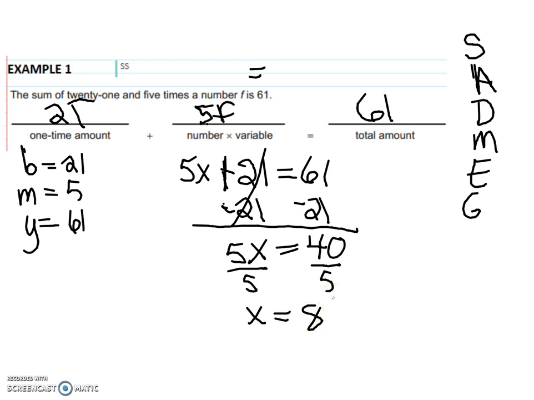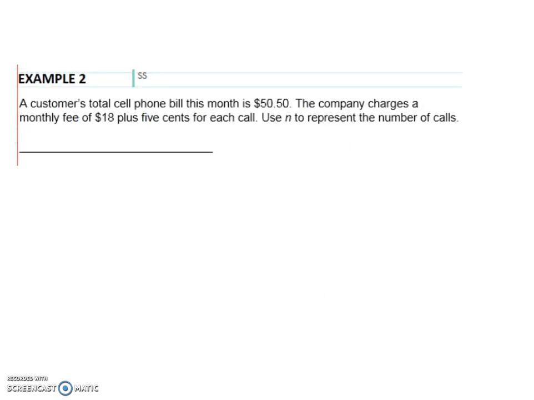All right, the last two, I'm just going to go through the setup and not solve. It says a customer's total cell phone bill is $50.50. That's my y. Remember, the total is the y. All right, then we have the company charges a monthly fee of $18. That's my flat one-time fee. That's my b. 5 cents for each call.